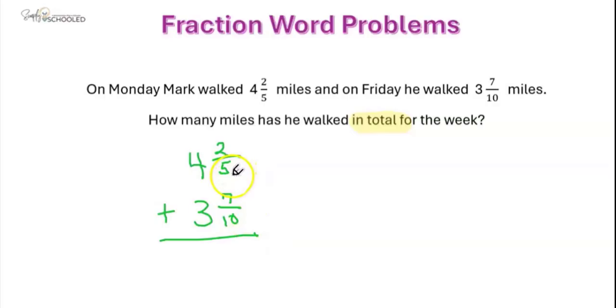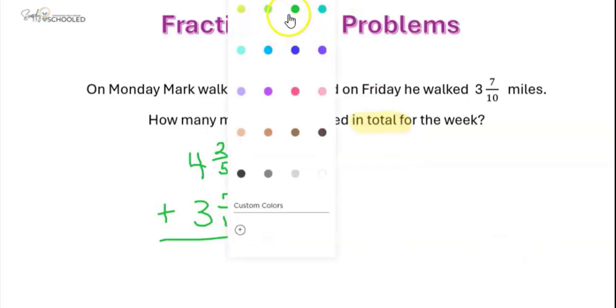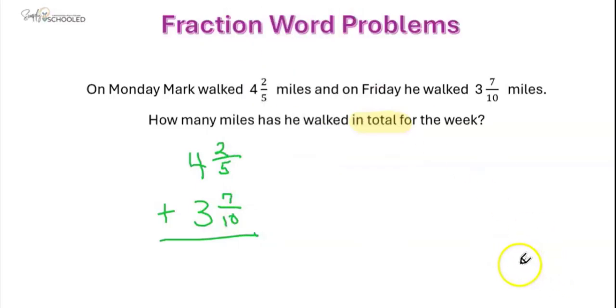Now, I right away know that I need to have like denominators. If I look at 2/5, I easily see that I can change that to an equivalent fraction with a denominator of 10. All I have to do is multiply it over here in the corner. 2/5 times 2 over 2 equals 4/10. So I don't have to change the other one.